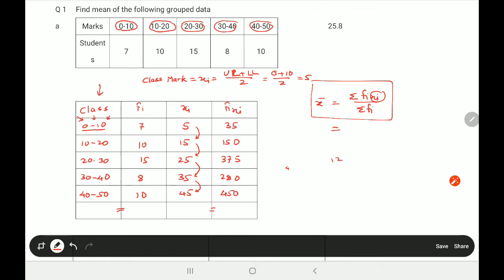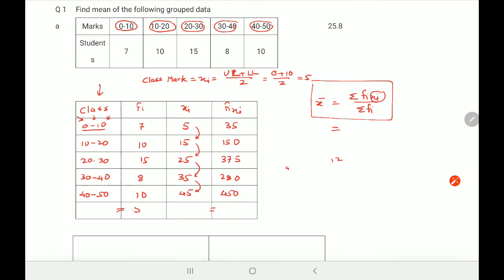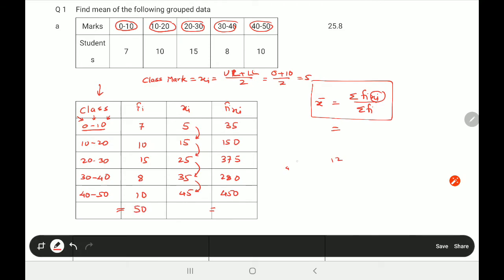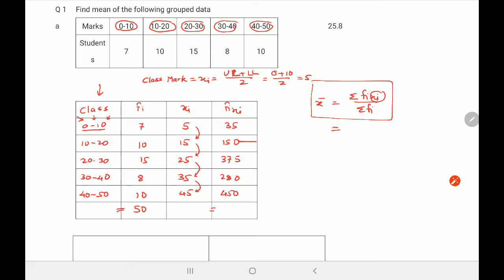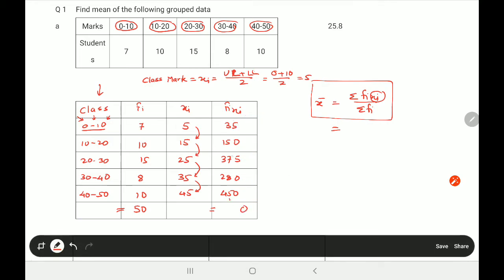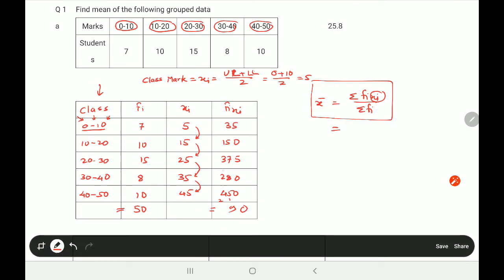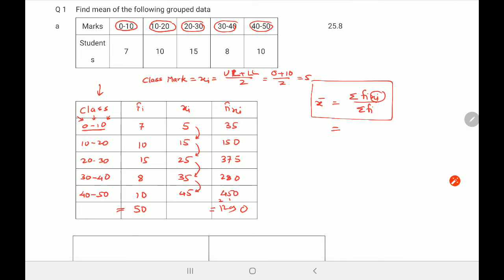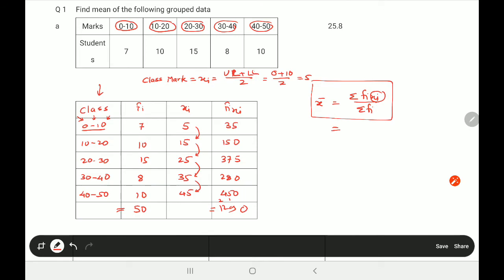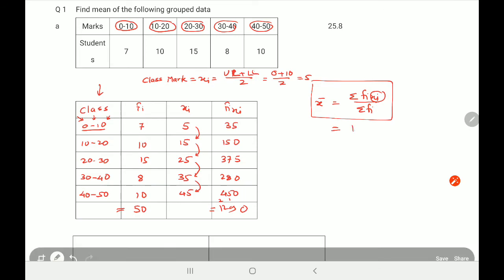7, 50, and addition of this one, carry. Okay, so it is 1290. ठीक है, so it will be 1290.